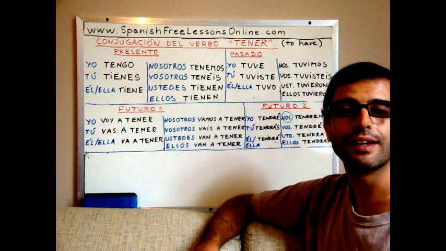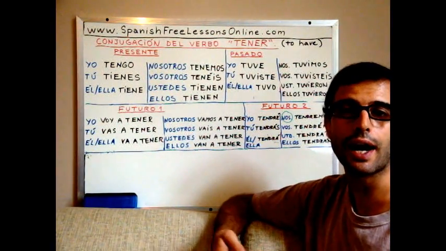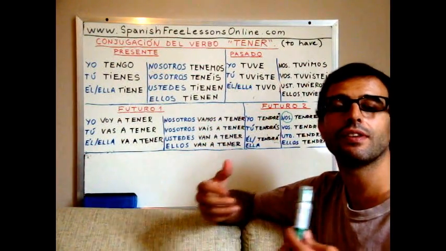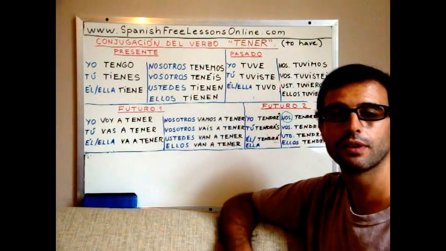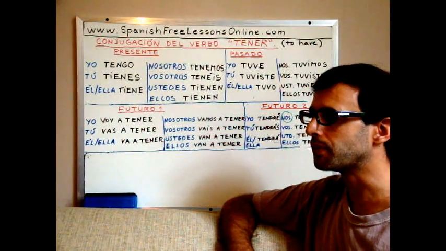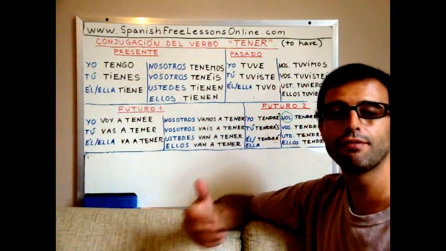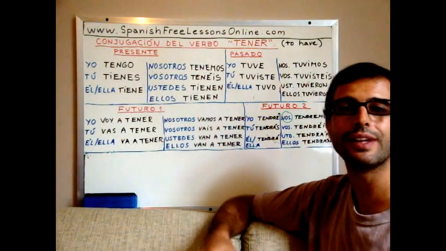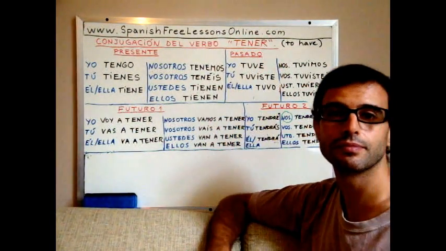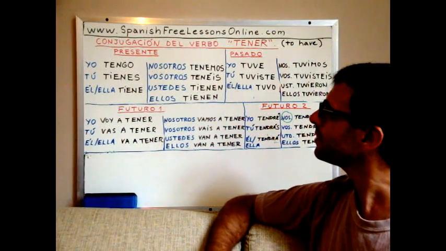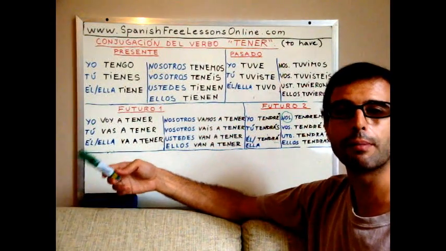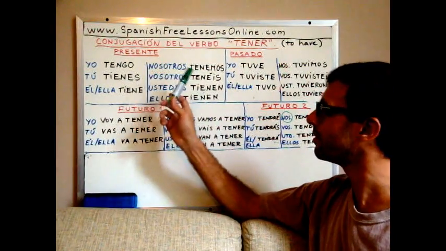We would say, tengo frío, I have cold, because it refers to having the sensation of cold, right? So if we want to say, I feel like doing something, we say tengo ganas de hacer algo, verb to have. Okay? But we'll see that in the next lesson, where we'll see some examples using this verb.